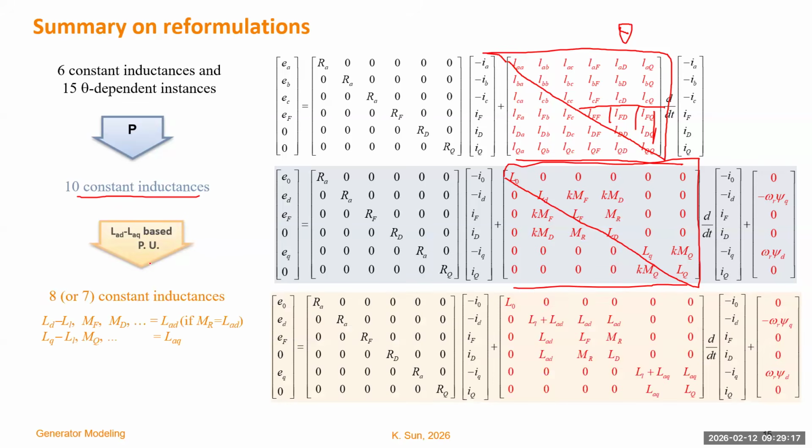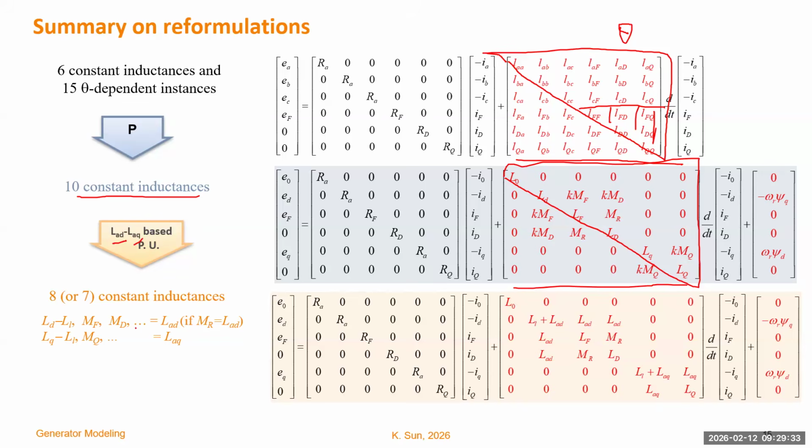Next, we introduce a per unit system, and we define the base quantities, and also we make sure the mutual inductances in the D axis and Q axis are all the same.